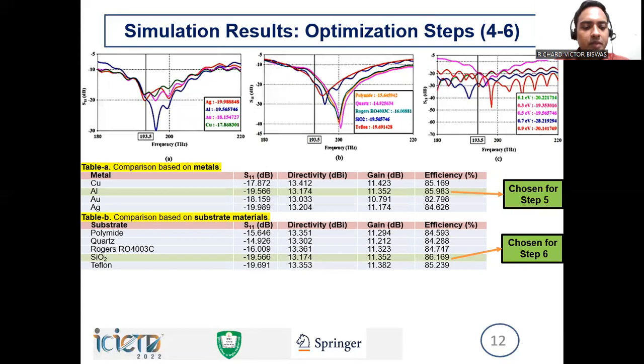Then it's clear from table B that the silicon dioxide substrate has been used as the graphene plane and one of the layers of the radiating structure because it significantly improves the efficiency as opposed to the other substrates.